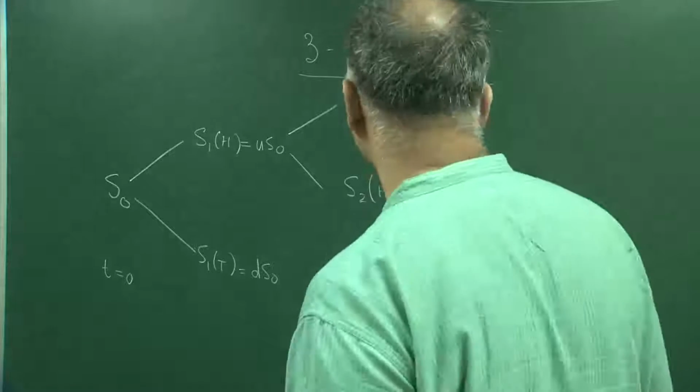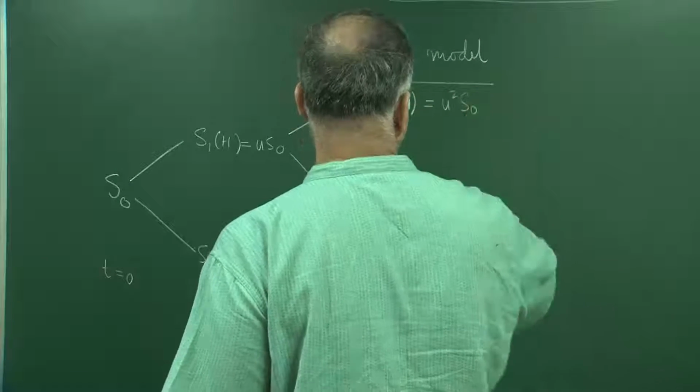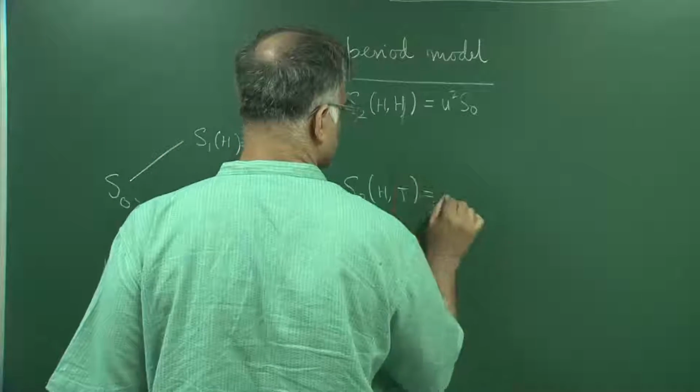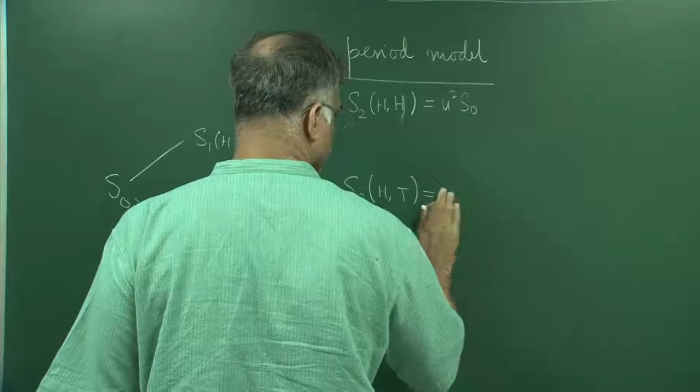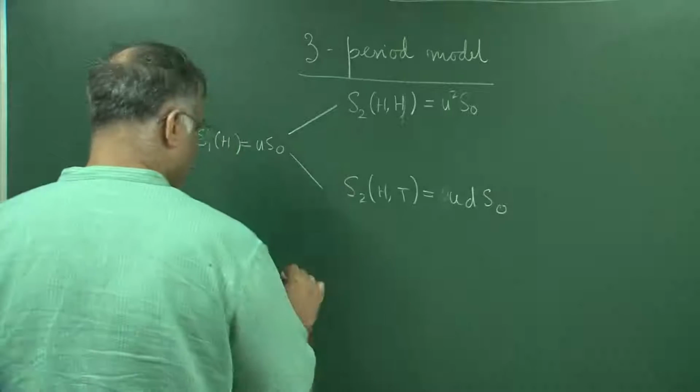So, these are the two possibilities. So, this will become U square S naught and this will become U D S naught.